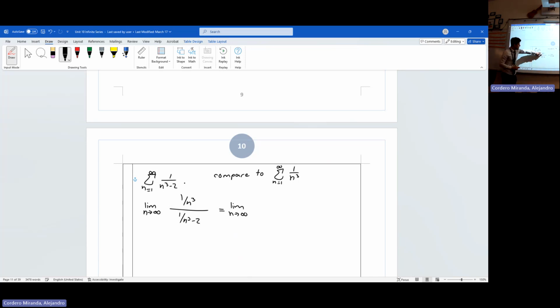You've got 1 over n cubed, and then this flips, so it becomes n cubed minus 2 over n cubed. Then for this limit, again, you could do L'Hopital's rule 3 times, or you can just see the top degree is 3, the bottom degree is 3, so therefore this limit must be, you guys remember? Nice, good job. It's the ratio of the coefficients, 1 over 1, because it's just 1.